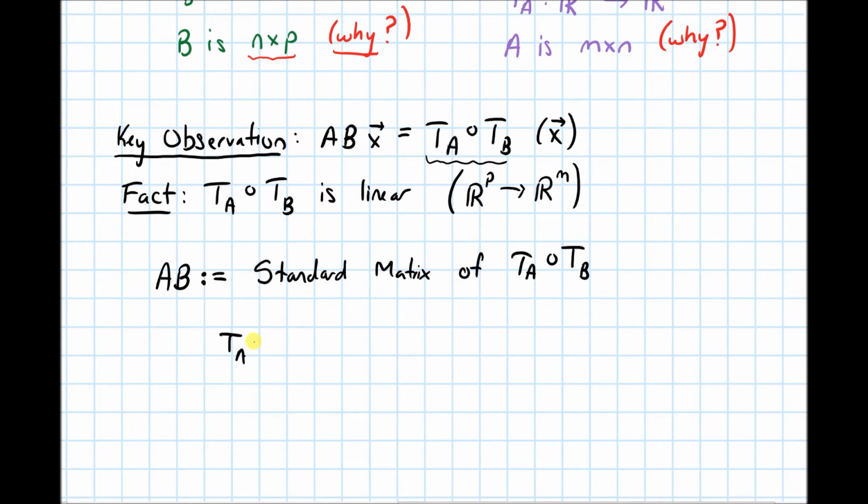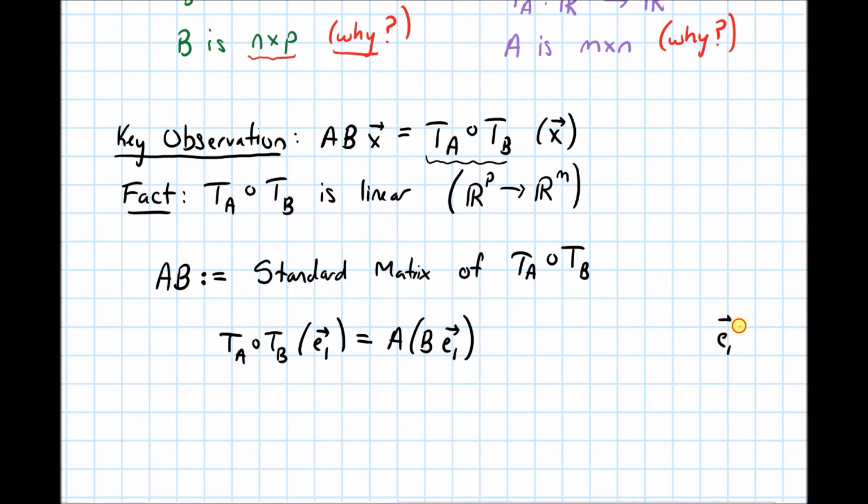So let's take this transformation T of A of T of B and plug in the first column of the identity matrix, so E sub 1. Okay. So let's think of this in terms of matrices. This is the same thing as A times B times E sub 1. But what's B times E sub 1?